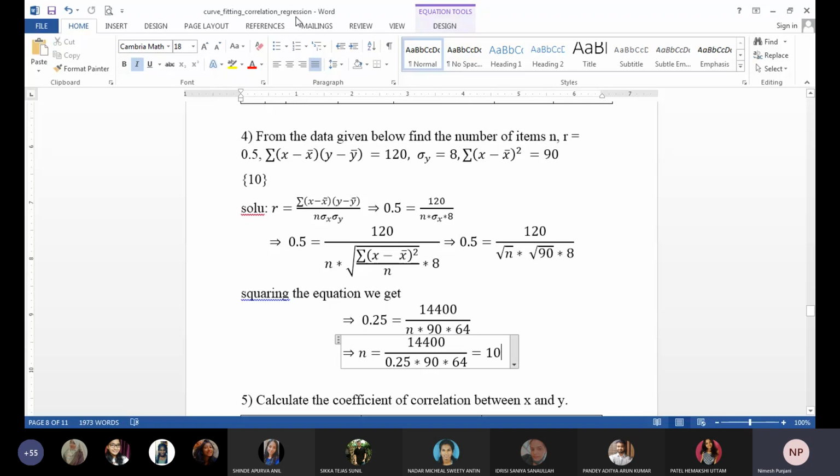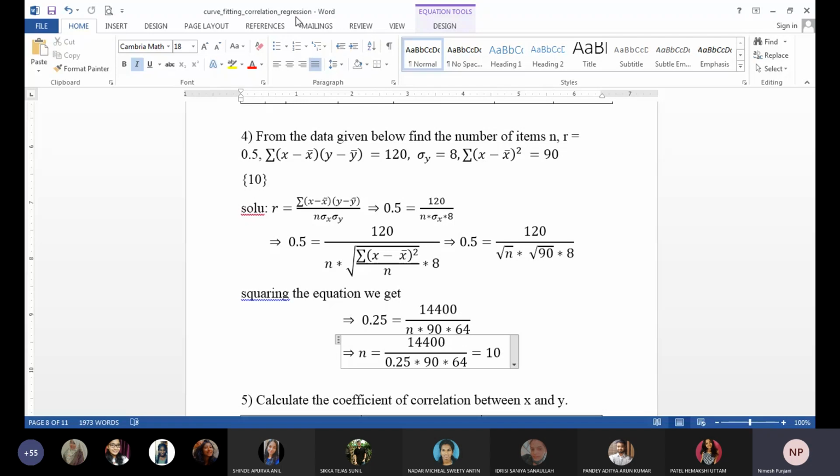So after simplifying, we get 0.5 as 120 divided by root n multiplied by square root of 90 multiplied by 8. How do you get that square root of 90? Because summation x minus x bar the whole square is given as 90.